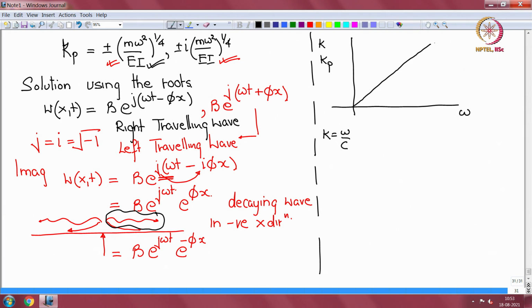Whereas Kp, the plate wave number, if I separate omega out, is square root of omega and 4th root of m by EI. So this is like a parabola, so it goes like this.